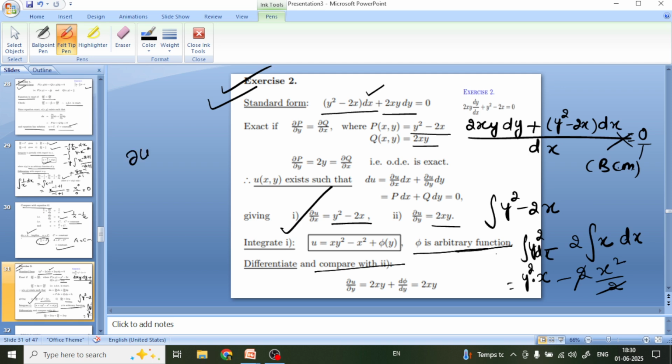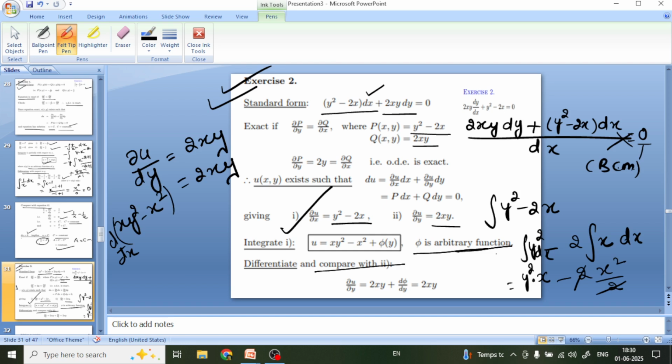This will be written like this: 2xy, write as it is, and xy² − x², and take the derivative here.